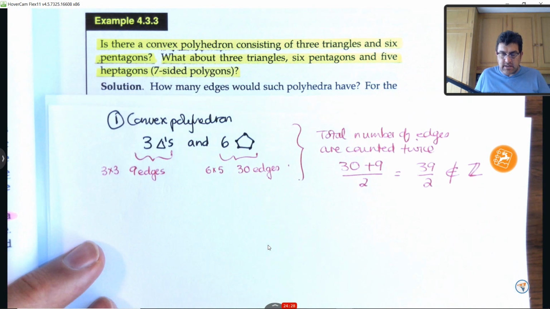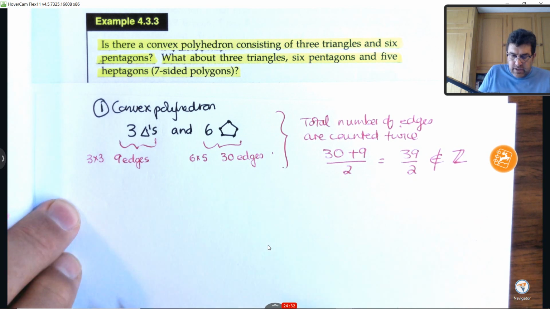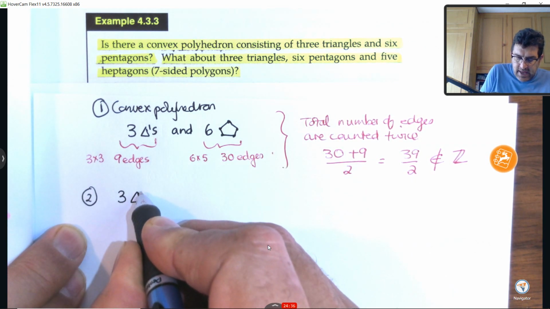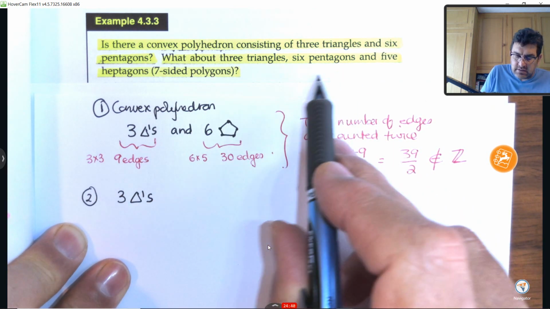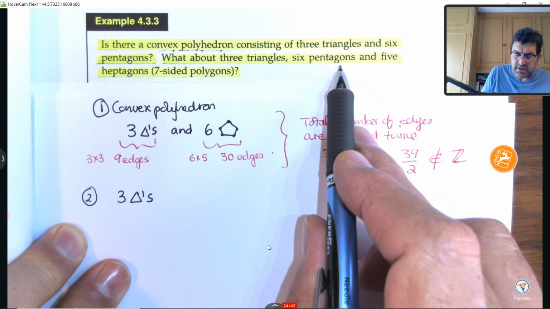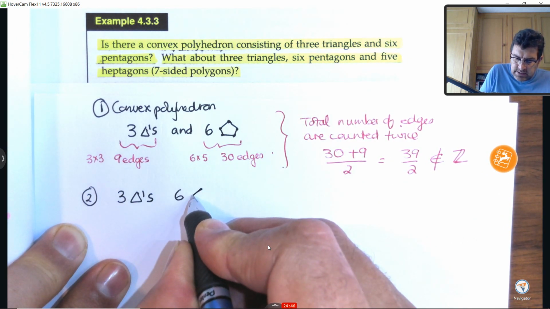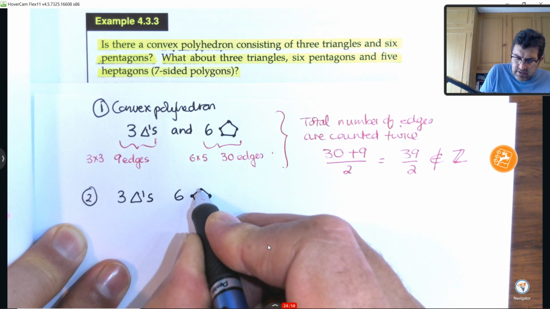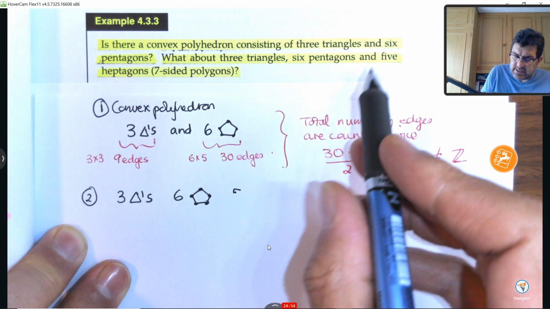Let's look at the second part. What about 3 triangles, 6 pentagons, and 5 heptagons? I'm not going to draw the next one.